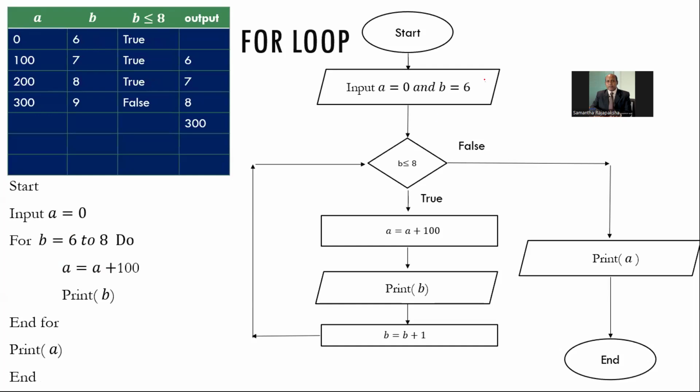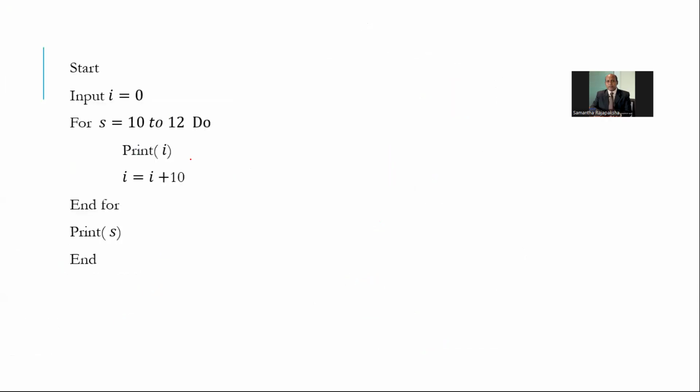Starting value b equals 6, termination condition b less than or equal 8, and then print the value, and the other one b equals b plus 1 incrementation. This is not given. You have to write those two. So then you have to carefully identify starting value b equals 6, termination condition, incrementation. That should be done here. Other steps are same. That is, drawing the table and getting the output are same as the others. So those are the 3 loops actually you should know.